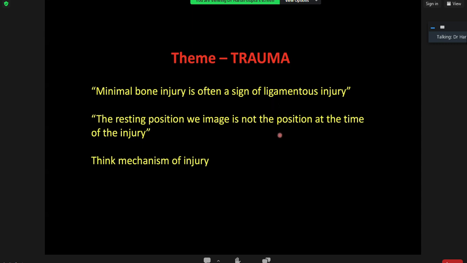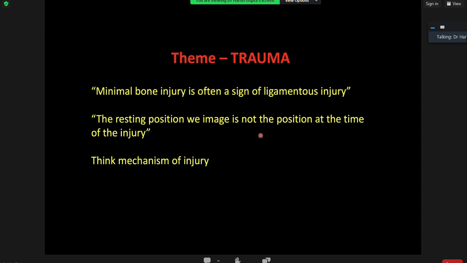The next very important principle is that the resting position we image is not the position at the time of the injury. Particularly important, say for example, we have flexion or extension injury in the spine, different mechanisms of injury. We have to remember that when we are scanning, that's a static position. The dynamic position of injury, the flexion pattern, extension pattern, or whatever, has already happened at the time of trauma.